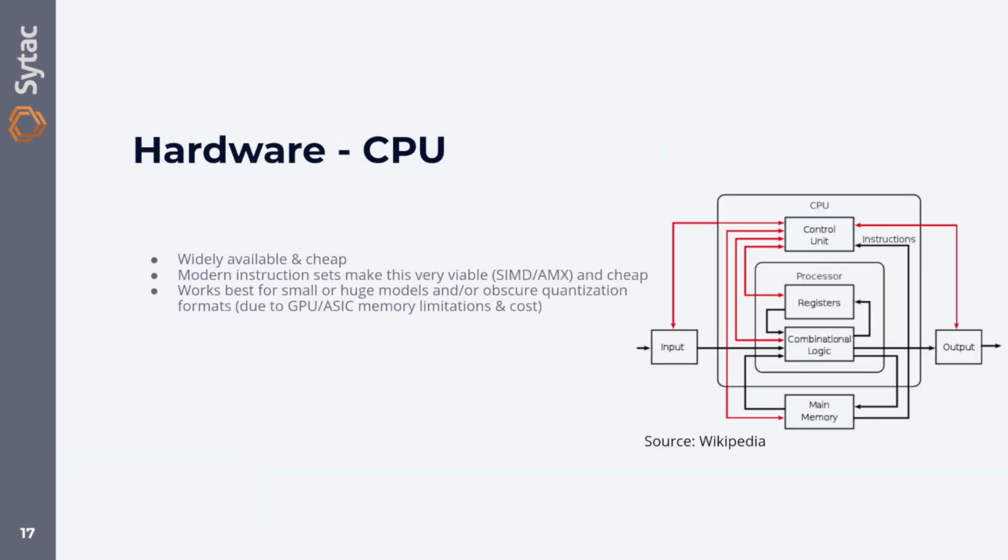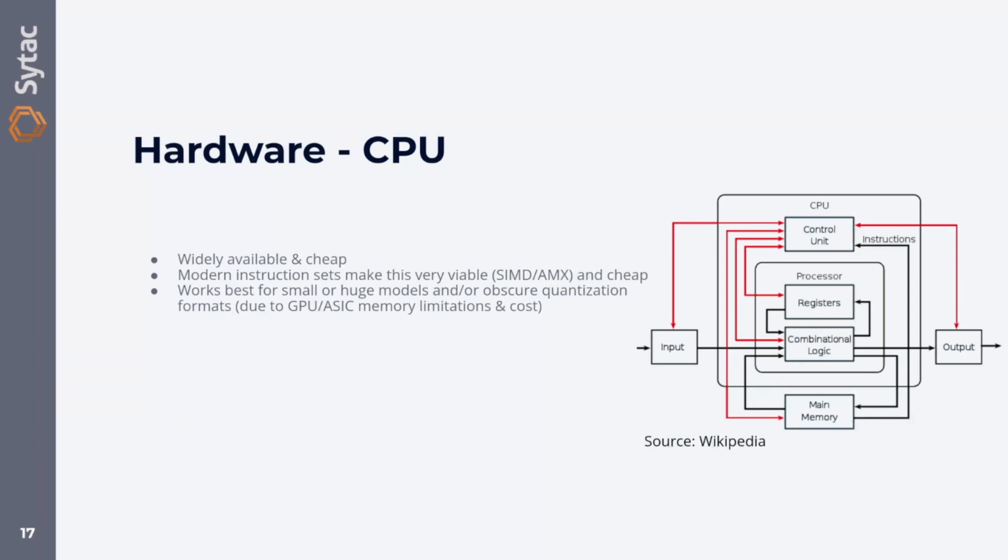Yeah, so let's talk about hardware. First of all, CPUs: widely available, usually pretty cheap compared to GPUs. And you have to remember that we have modern instruction sets like SIMD, AMX. You can vectorize a lot of stuff. So actually, you don't really need a GPU to execute models anymore.